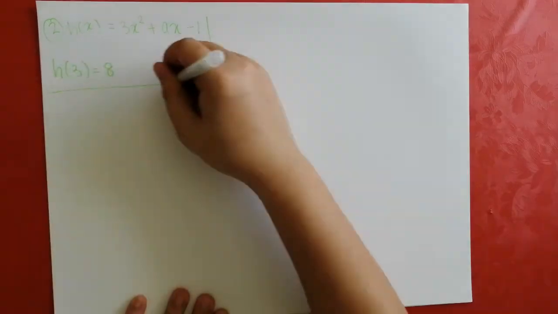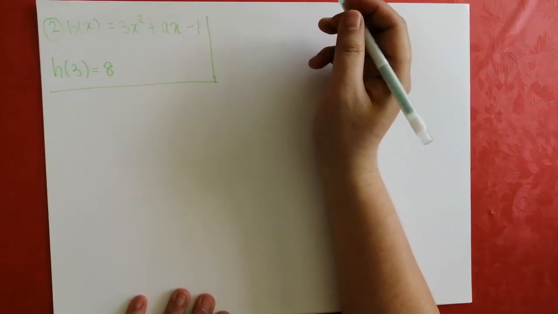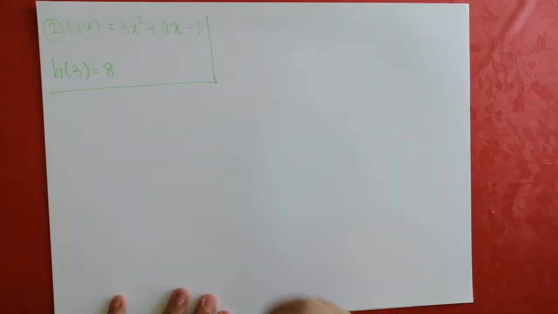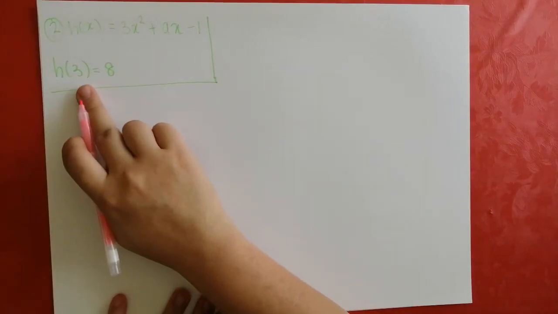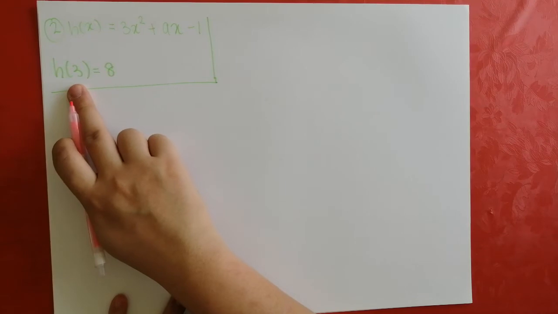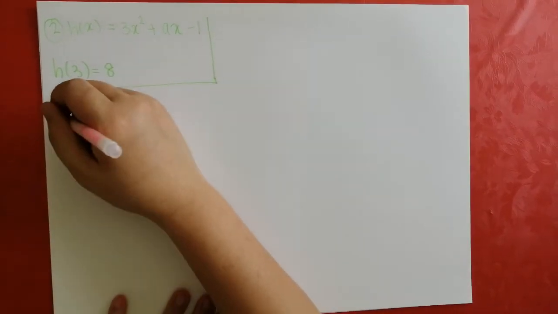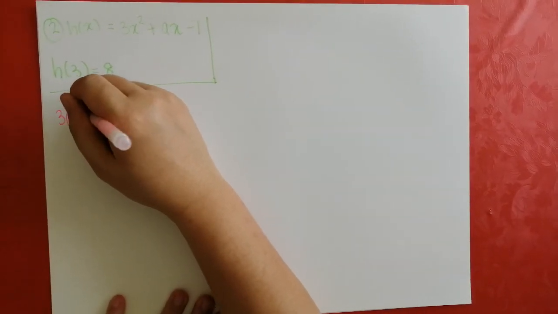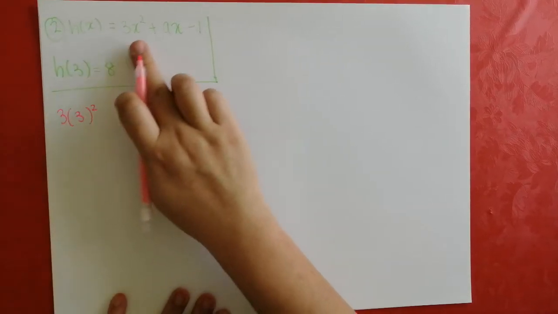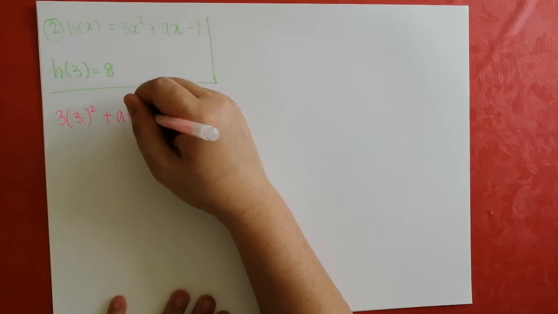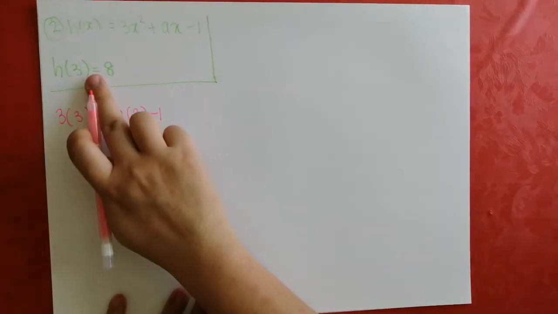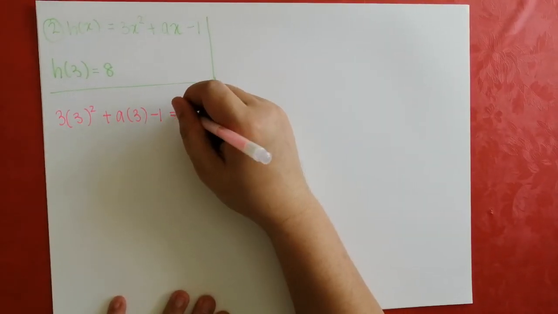In order to find the value of a, let's use this condition. H of 3 is equal to 8, which means that x becomes 3. So from there, you will have 3 bracket 3 squared, where we change x to 3, then plus a times 3 minus 1, and everything is equal to 8.